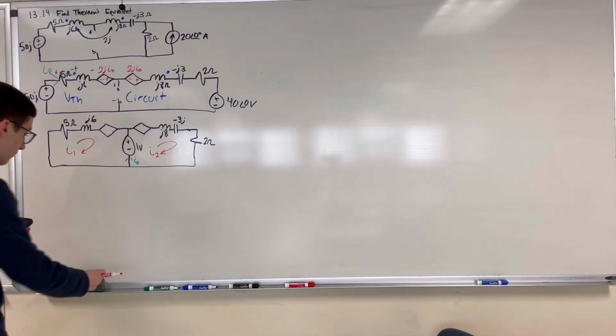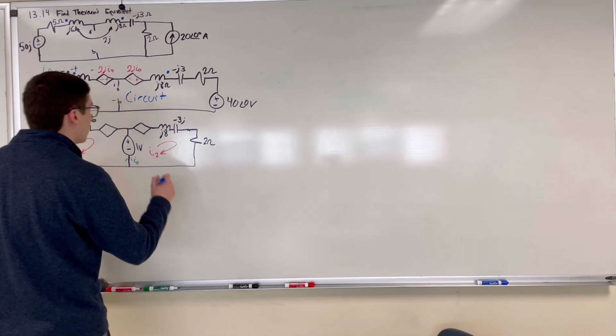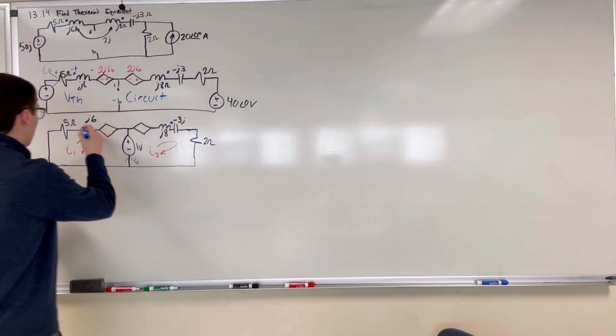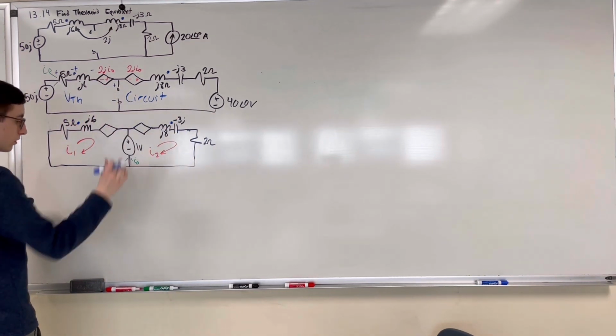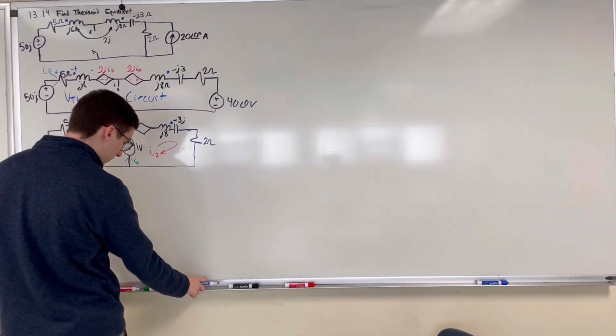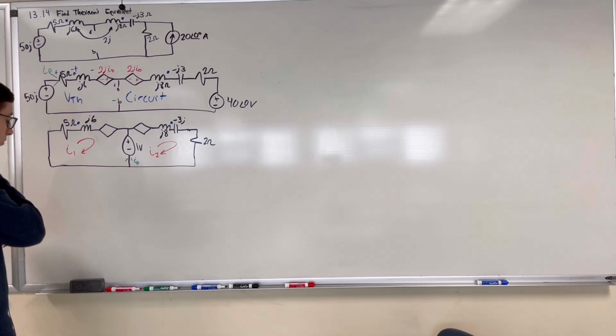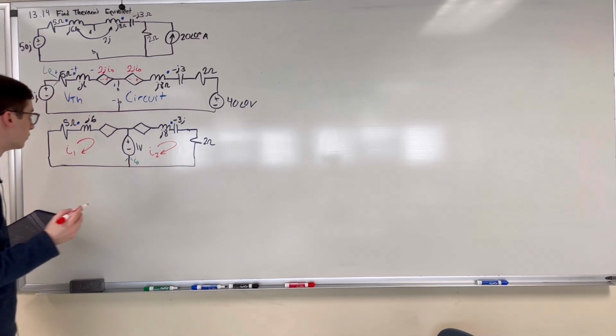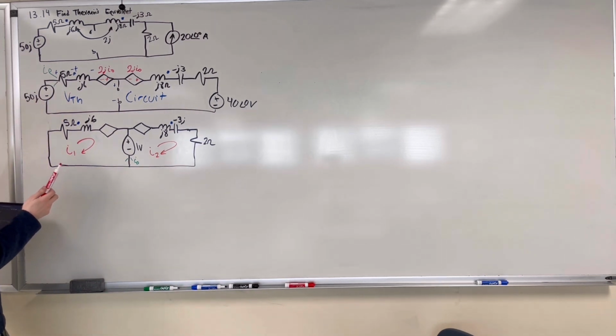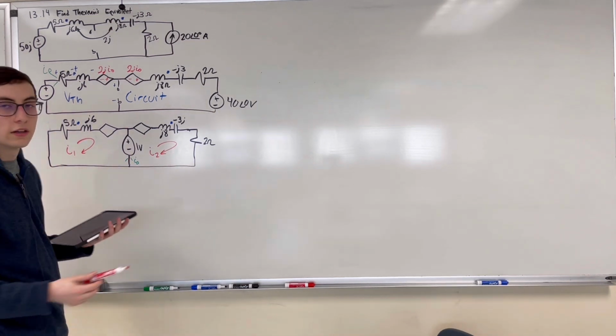So with that said, we now have new currents, and therefore we need to redefine our dependent sources. Our sources now are going to be nothing changed, because we're still in negative dot convention.